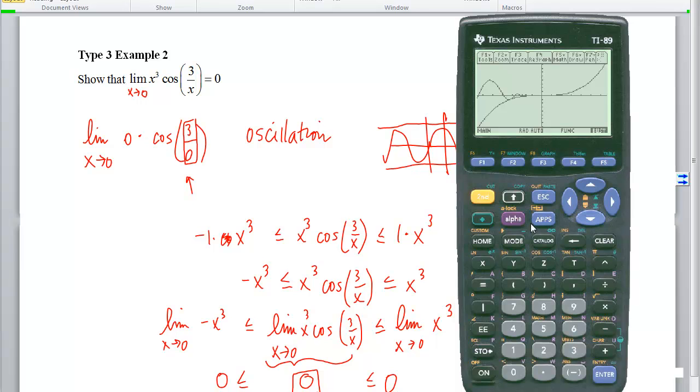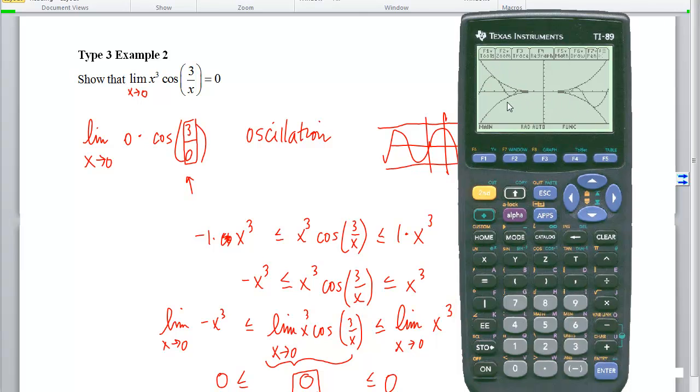Here's that x cubed times the cosine of 3 over x, and then here is my negative x cubed. Notice that the oscillating function is trapped between the negative x cubed and the positive x cubed. And because it's trapped, as I travel along the x cubed, getting closer and closer to 0, and as I travel along the negative x cubed, getting closer and closer to 0, that trapped function also must get closer and closer to 0.